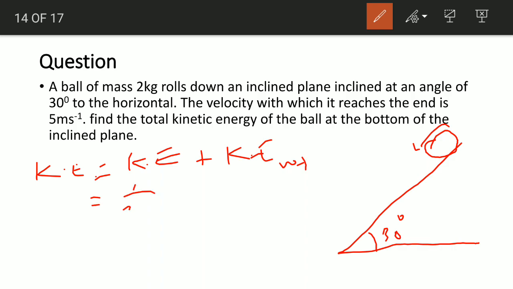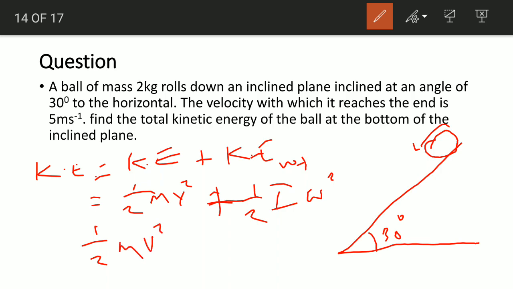The linear here is half mv squared, and the rotational here is half I omega squared. If we are to substitute values, you notice that nothing like radius is given, but the mass of the ball is given, and the velocity with which it hits the ground is also given.